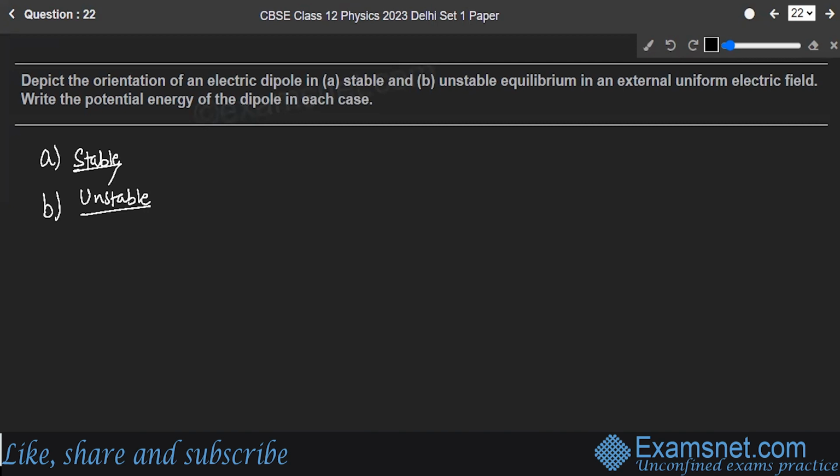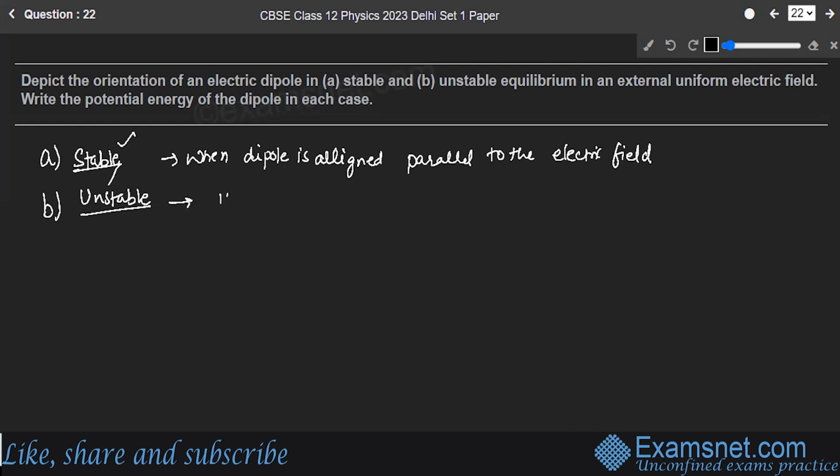When the dipole is aligned parallel to the electric field, then it is said to be stable. And for the unstable, when the dipole is aligned anti-parallel to the electric field, then it is said to be unstable. This is the first point.